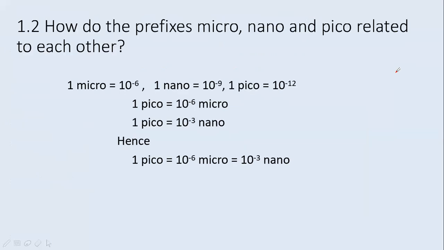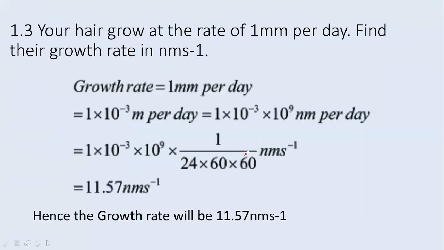Next you see how the prefixes micro, nano, and pico are related to each other. 1 micro is 10 to the power minus 6, 1 nano is 10 to the power minus 9, and 1 pico is 10 to the power minus 12. Growth rate, you know the formula. You have to convert millimeter per day into nanometer per second. So it's 11.57 nanometer per second.